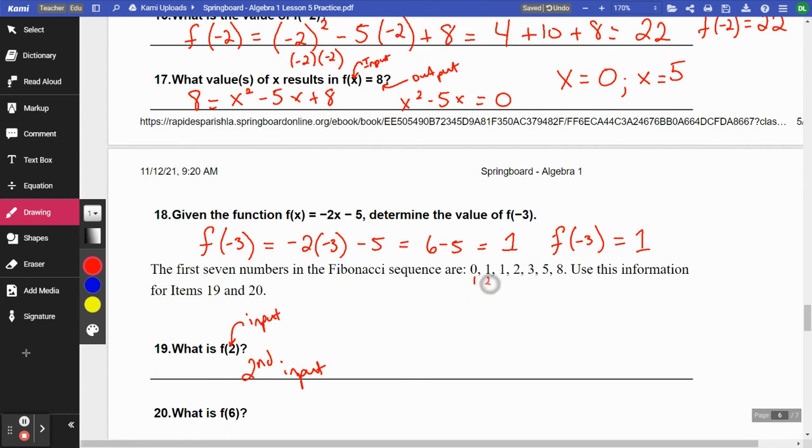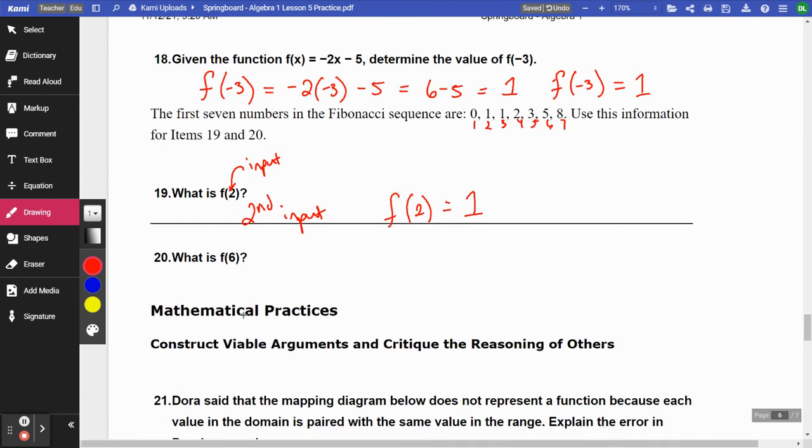Well, there's 1, 2, 3, 4, 5, 6, 7. What's my second input? 1, right? So f of 2 equals 1. Well, what's my sixth input? 5, right? So this would be f of 6 equals 5. All right.